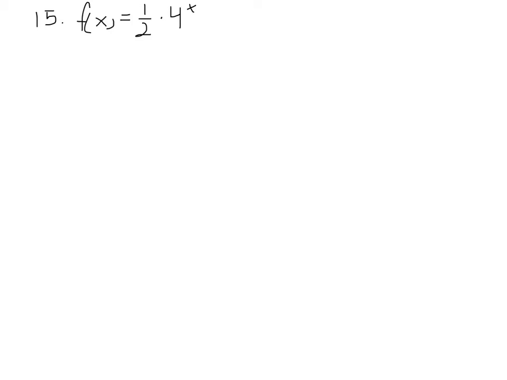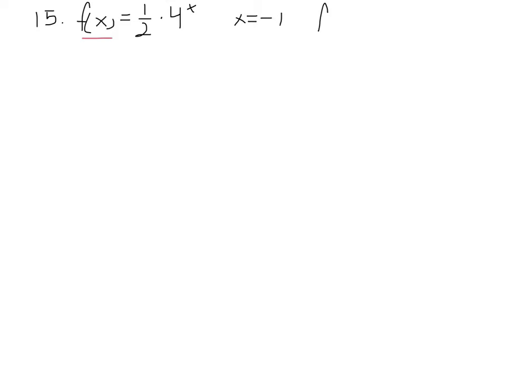The next problem is f of x equals 1/2 times 4 to the x. And remember, f of x is the same thing as y. It is no different. It's just saying the function in terms of x equals 1/2 times 4 to the x. Same thing as y equals 1/2 times 4 to the x. So let's let x equal negative 1 to start.